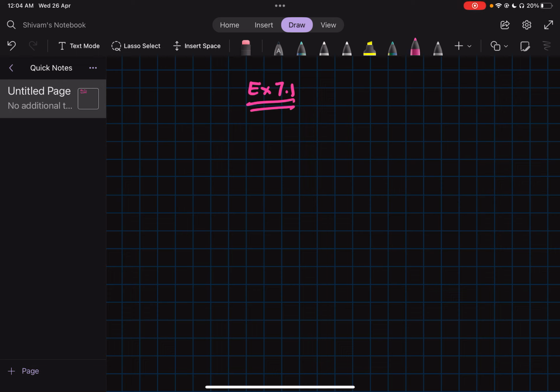So for example, the antiderivative of cosine of x is sine of x, because when you differentiate sine of x, you get cosine of x.